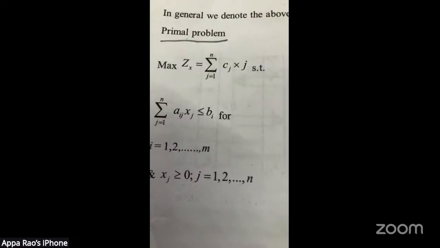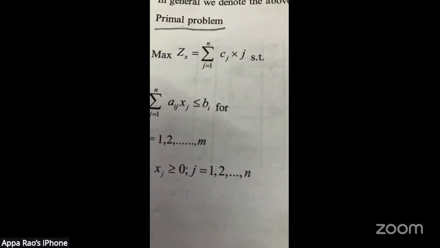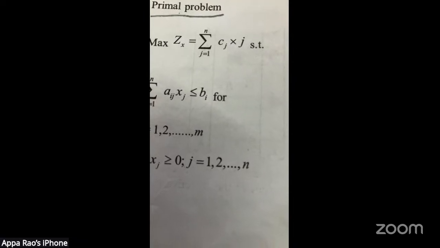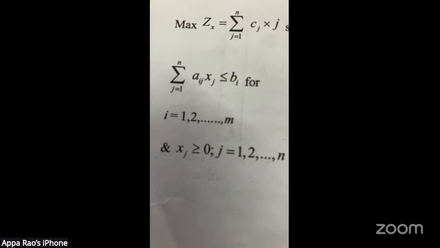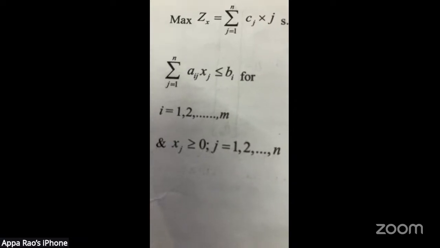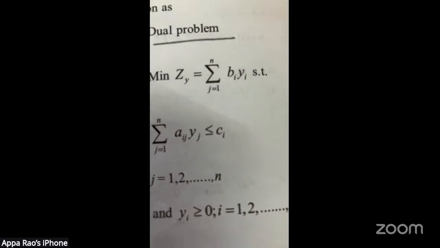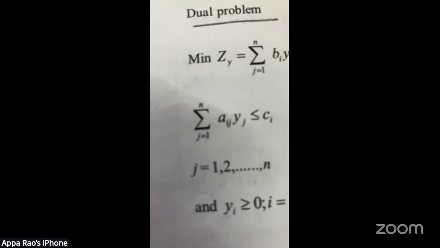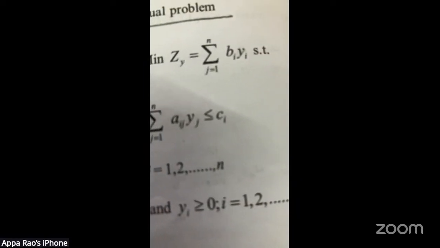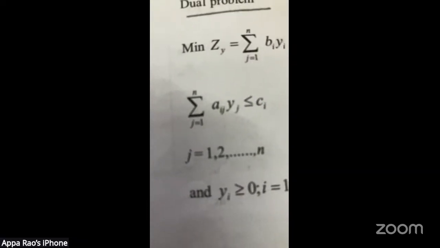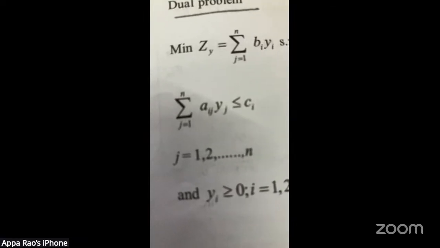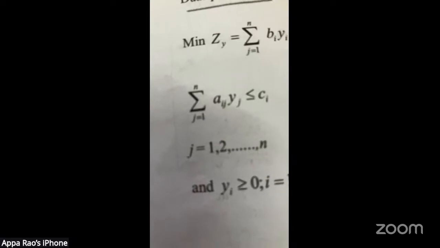Primal means: minimize z equal to sum over j equal to 1 to n of cj xj, such that sum over j of aij xj less than or equal to bi, and xj greater than or equal to 0. In the dual, what will happen: minimize z equal to sum of bi yi, such that sum of aij yi less than or equal to cj, and yi greater than or equal to 0.